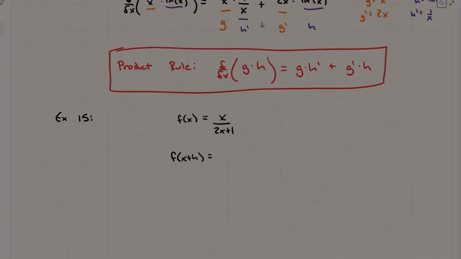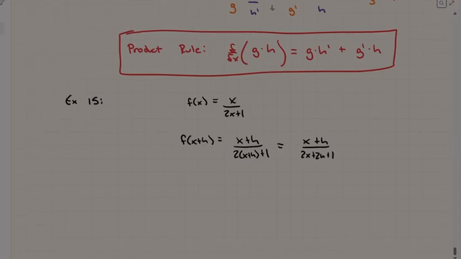Plug in x plus h, we get x plus h over 2 times x plus h plus 1. And we can also write that as x plus h over 2x plus 2h plus 1. All right, now we're ready to define the derivative.